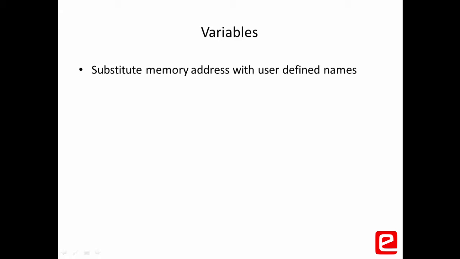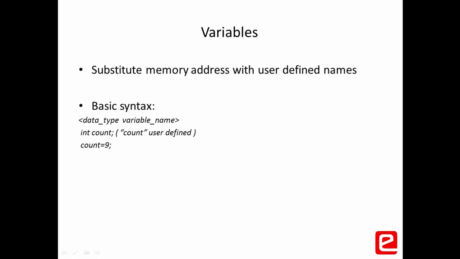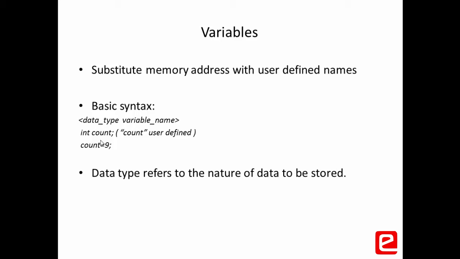Now let us look at an example of a variable and its syntax. As you can see here, I have declared a variable called count, which is user-defined, preceded by something called a data type. Data type refers to the nature of the data to be stored.